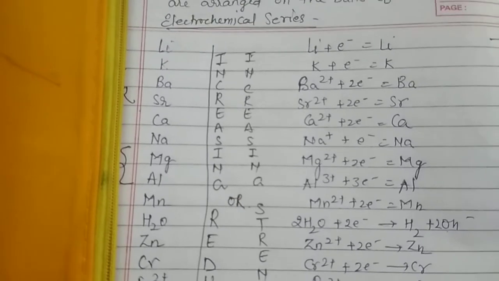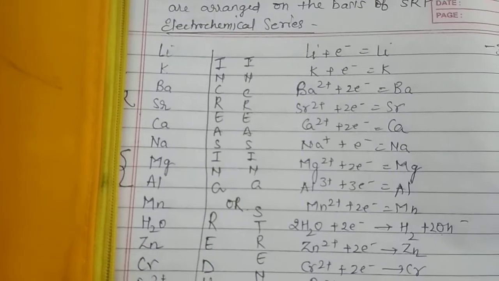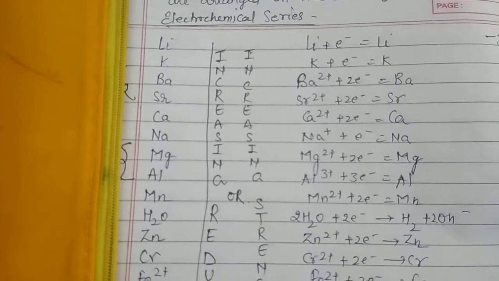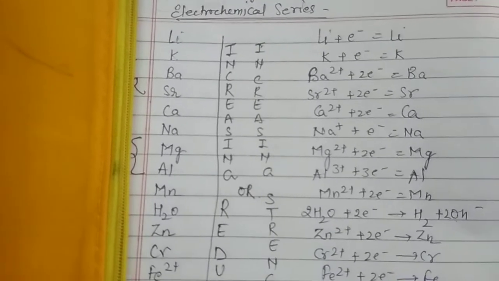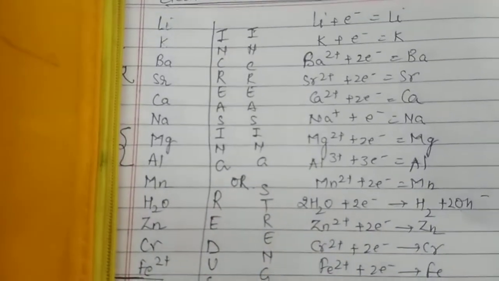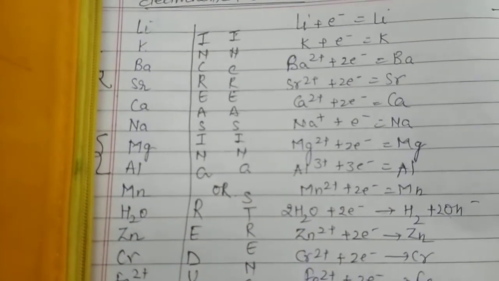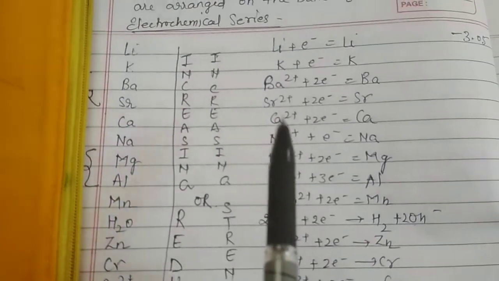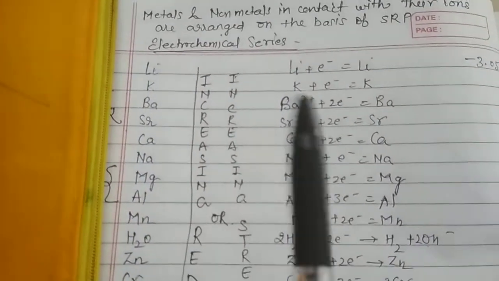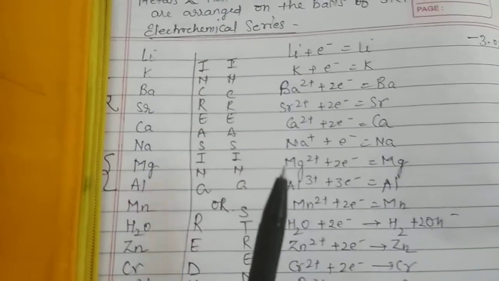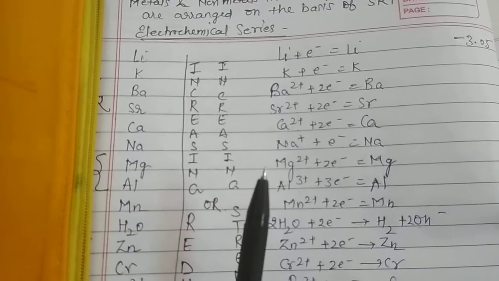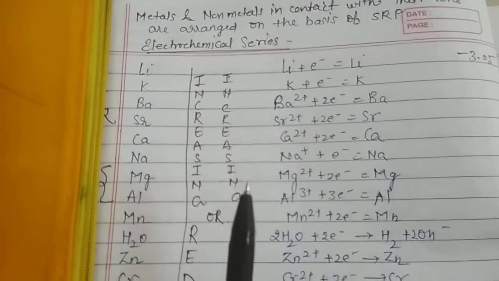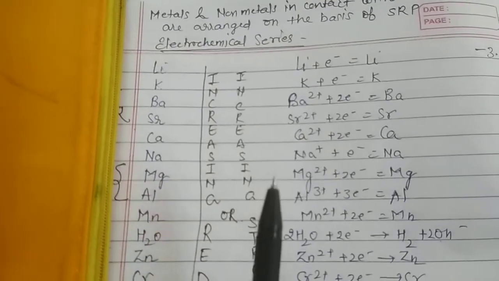We can compare the oxidizing and reducing properties, see the strength of reducing and oxidizing power, also the reduction potential and oxidation potential. So today we will only learn the electrochemical series, and on Monday we will discuss different applications based on it.